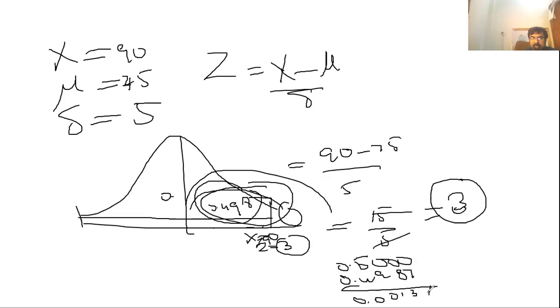If you multiply this with 100, because you are converting into percentage, the percentage of students who have got 90 and above marks will become 0.13%. So the students who will get at least 90 marks, their percentage is 0.13%.